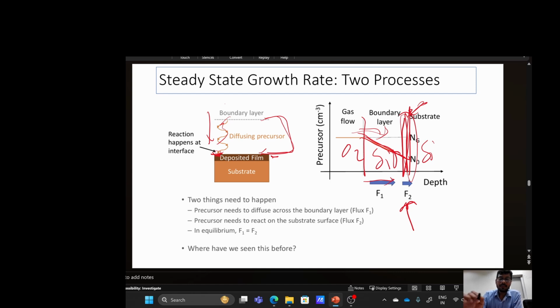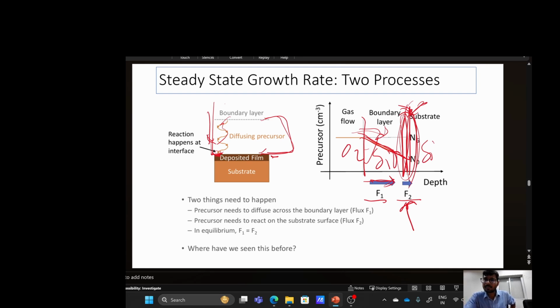At equilibrium, F1, the flux of the precursor, and the reaction kinetics, F2, should be equal, because any excess is of no use. If diffusion is more but the reaction is much slower than the diffusion, it is much slow.